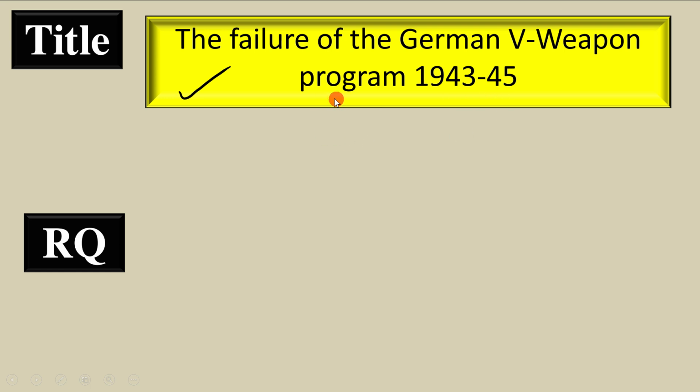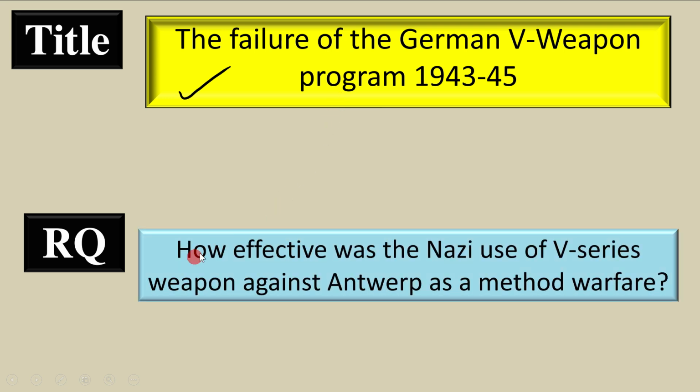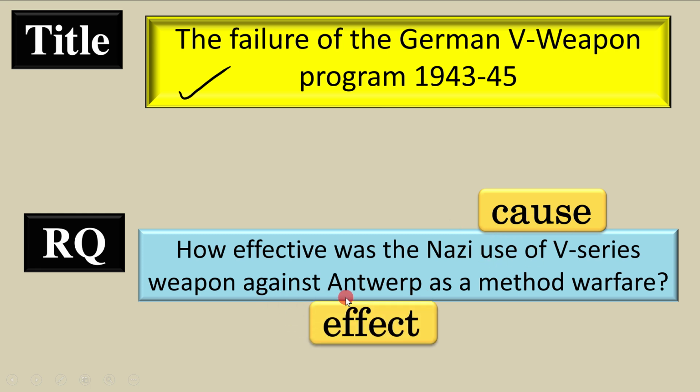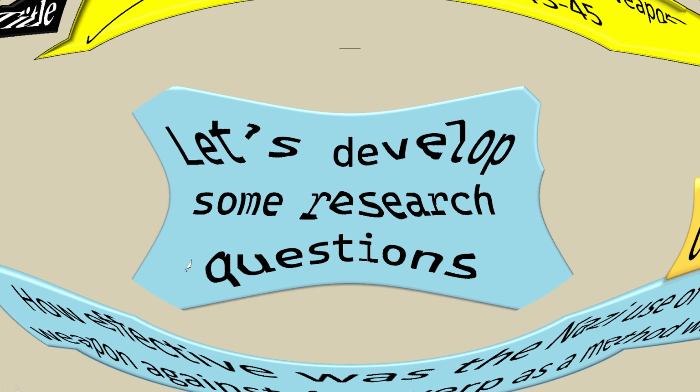Title is also in the form of a statement, not too long. And look at the research question. How effective was the Nazi use of V-series weapon against Antwerp as a method of warfare? Good, good. Here I have cause, Nazi use of V-series, and the effect is against Antwerp. Yeah, it's good. Research question also indicates the investigation line.